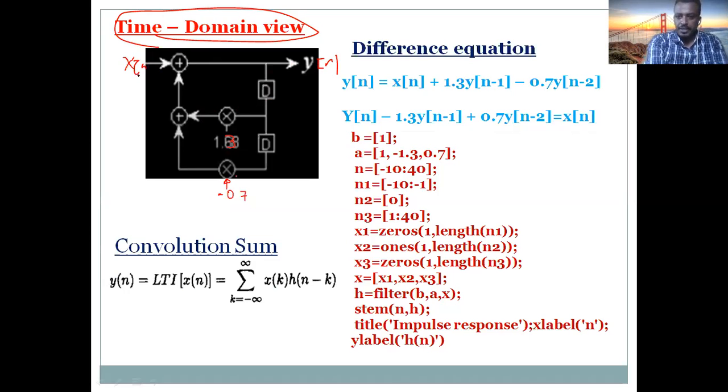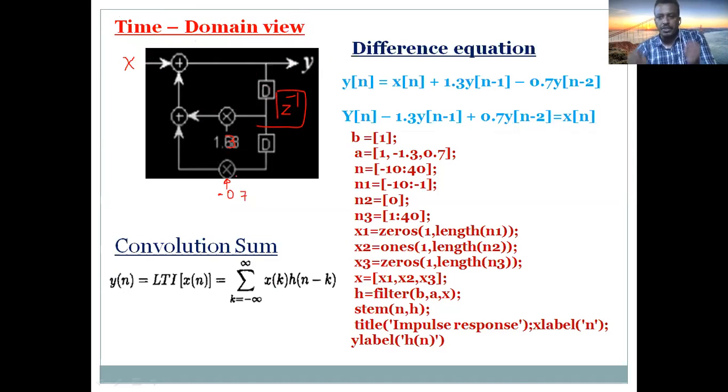X of n becomes X of z, y of n becomes Y of z. These delay elements, in this case it is delay y of n minus 1 in time domain, right? What will happen in frequency domain? Multiplication by z to the power of minus 1. That's the only difference here, from the shifting property of Z domain.